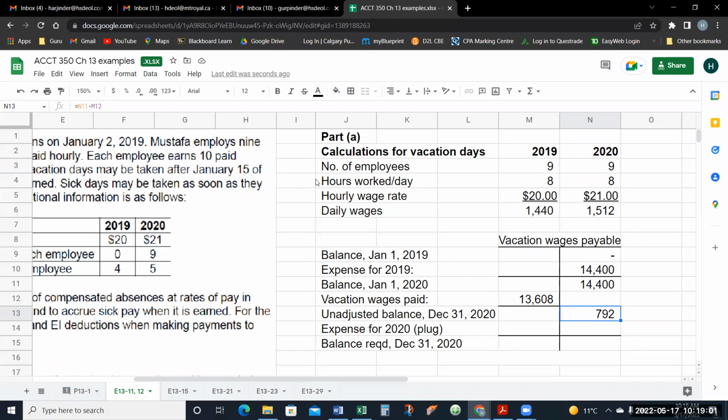So, for 2020, there is an entitlement of 10 paid days where each day's payroll is $1,512. And we have 1 day's vacation that remains untaken, unused from 2019, and that had been calculated at $1,440.